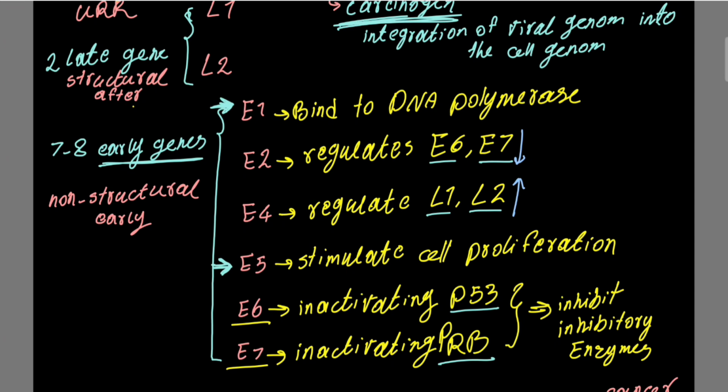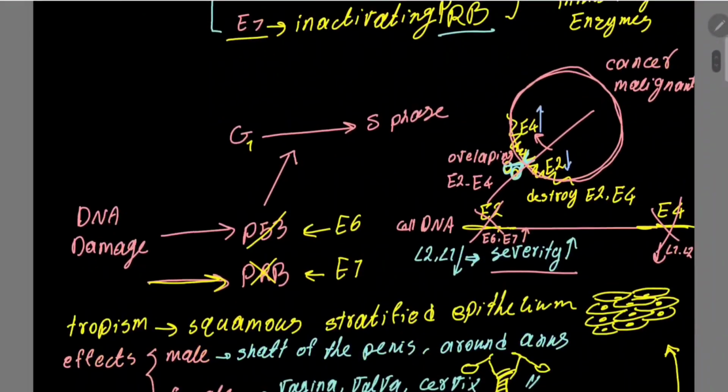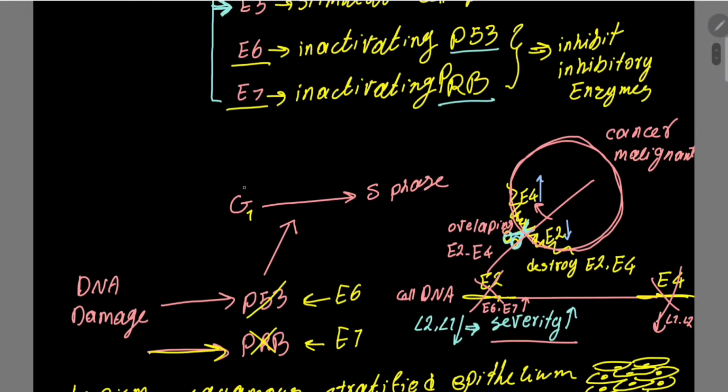And then we have E6 and E7. E6 is going to inactivate P53, and E7 is going to inactivate PRB. But what are these P53 and PRB? They are the inhibitory factors for cell proliferation, because when the cell wants to proliferate, first it is in the G1 phase.